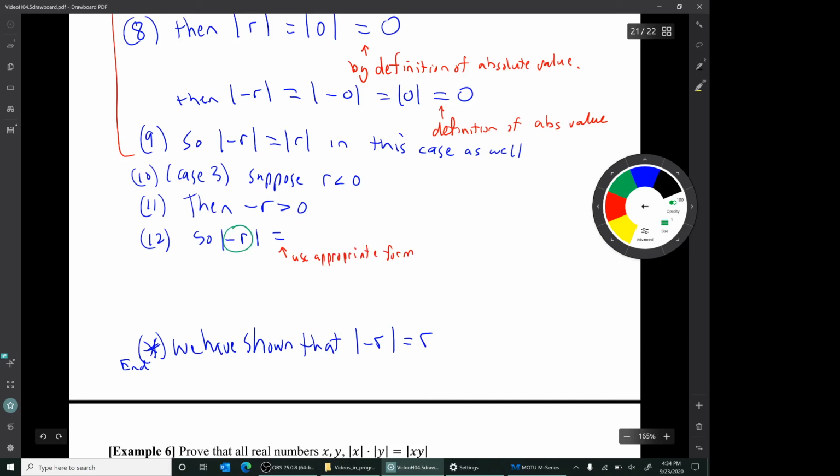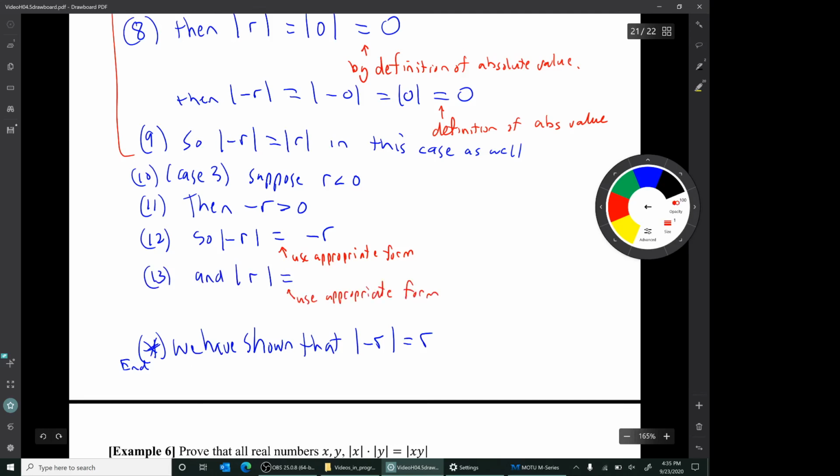Now, since the thing inside the absolute value is known to be greater than 0, when we take its absolute value, it doesn't change. All right, now what about taking the absolute value of r? So we have to use the appropriate form for the absolute value.